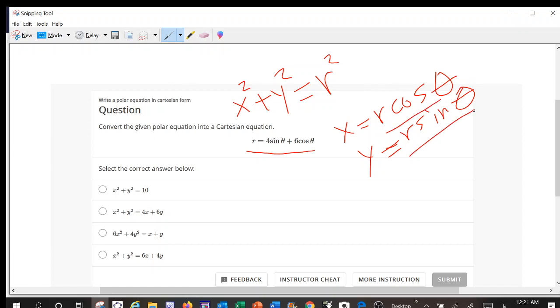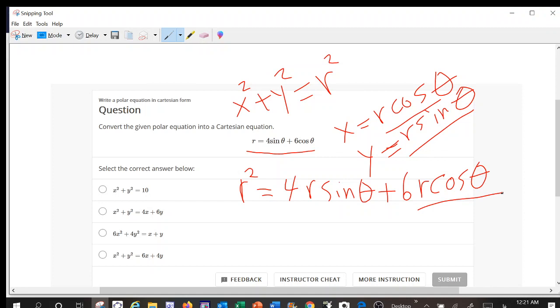But well, we can't do anything here because it doesn't look like what we have here. So what do we do? Well, we can multiply both sides by r. If you do that, then we get r squared equals 4r sine theta plus 6r cosine theta. This is x, this is y, and this is x squared plus y squared. And that's it.